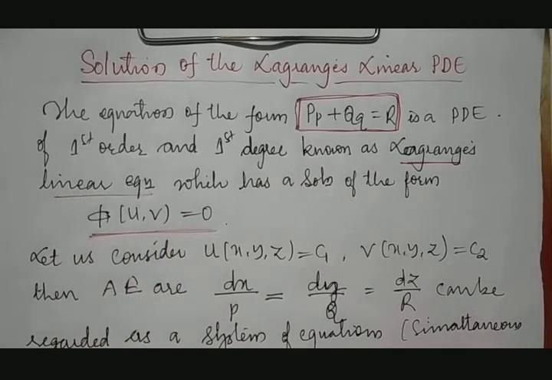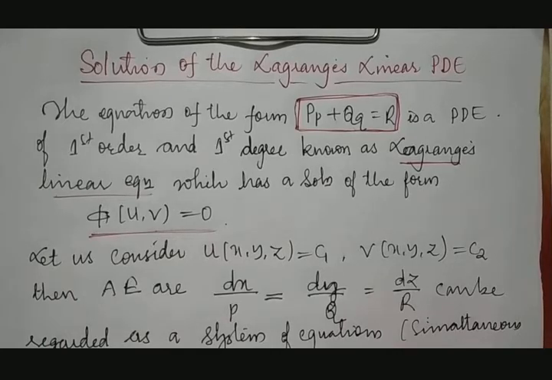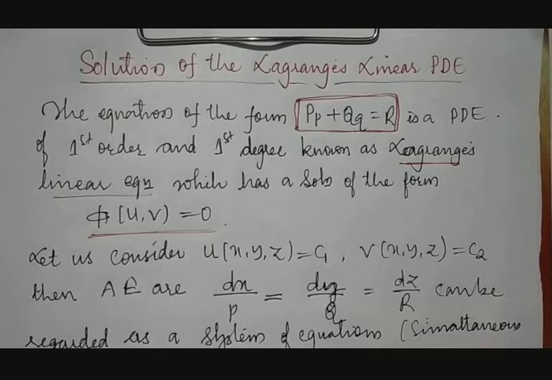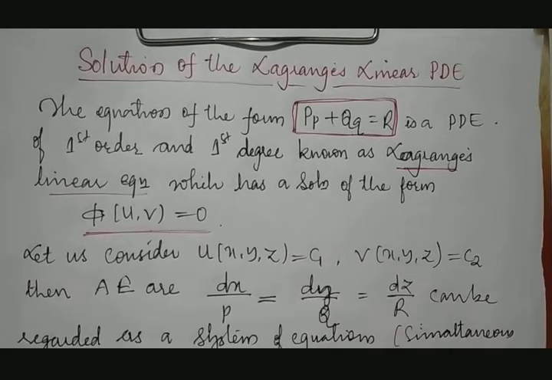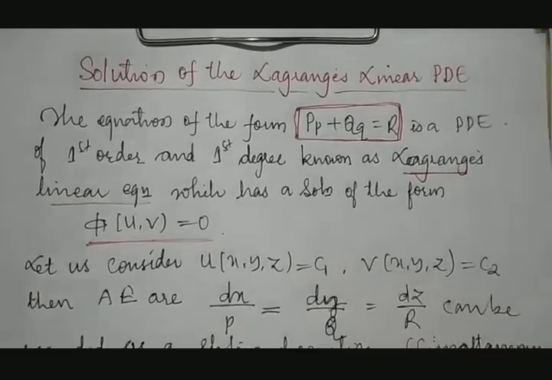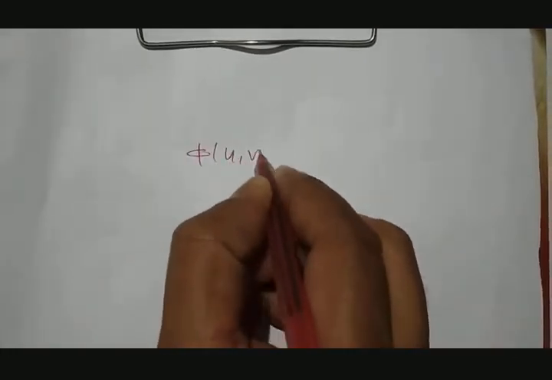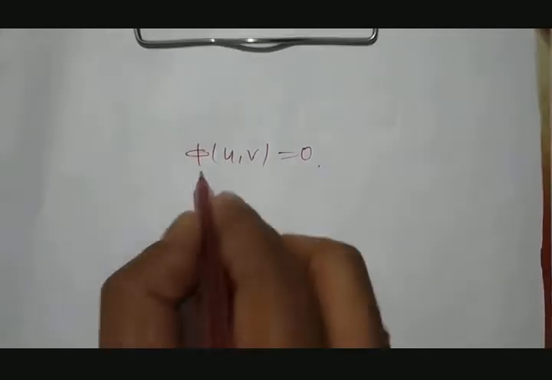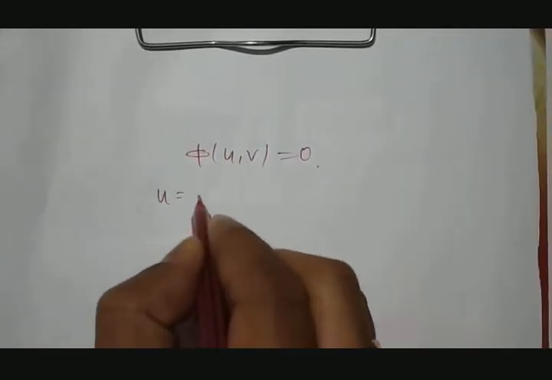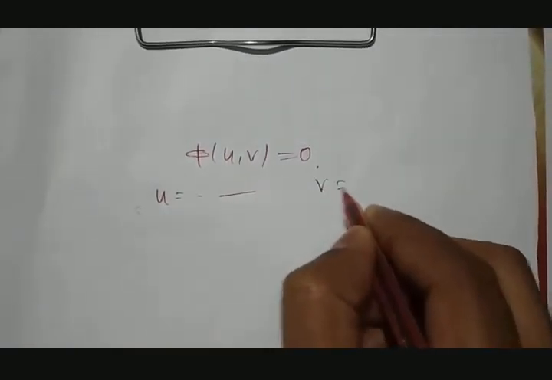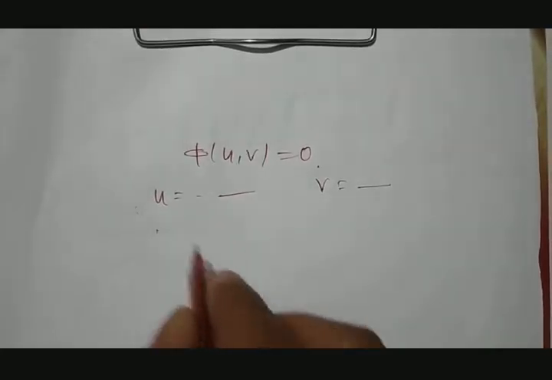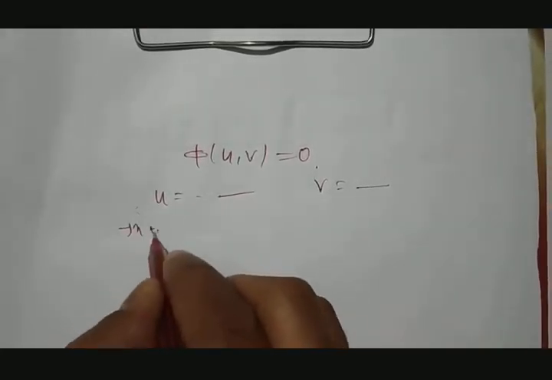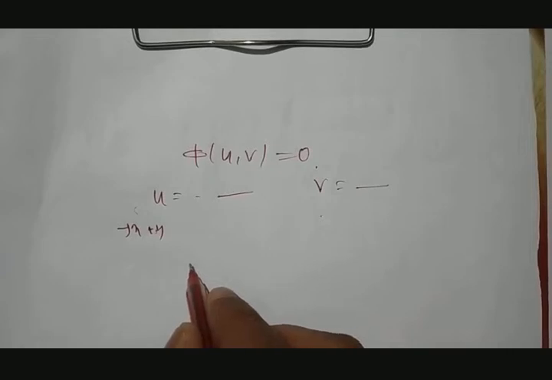There, if you just recall what we discussed in our previous concepts, we had a format. As per that format, I'll explain that first. If any equation comes like this, phi of u comma v equal to 0, then what we used to do is take u equal to that and v equal to that. We used to differentiate u with respect to x and y, and v also with respect to x and y.